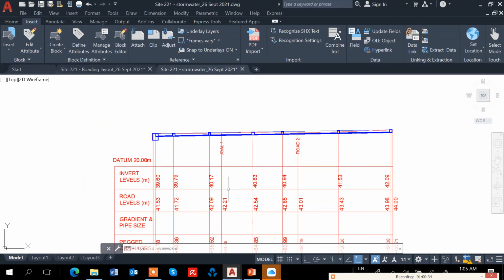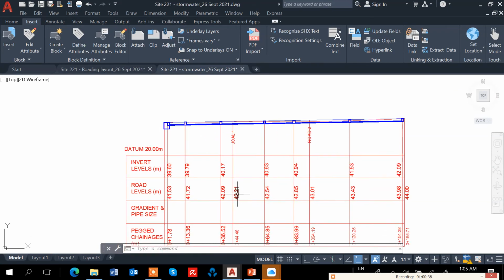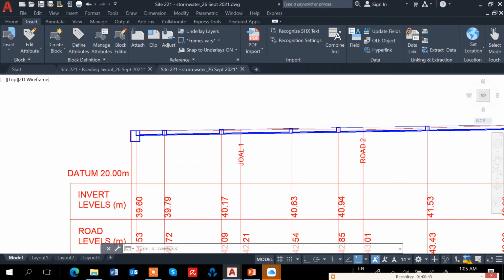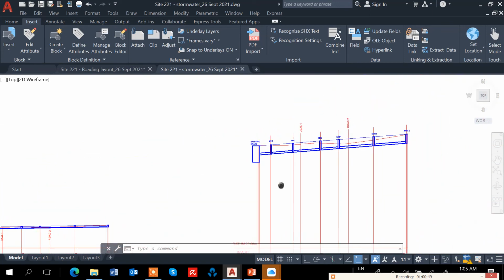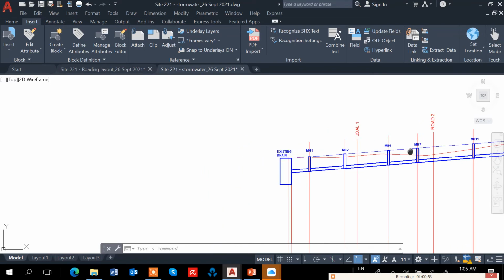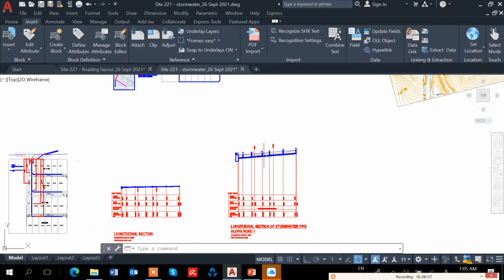And then we also need to know the junction of, for example, this one. Later on I had to label all of these: MH1, MH2, MH6, MH7. For example, this one is MH2.